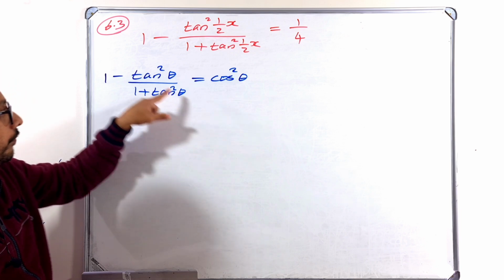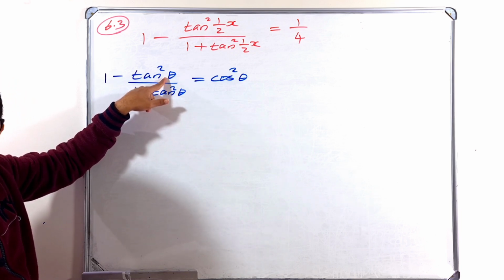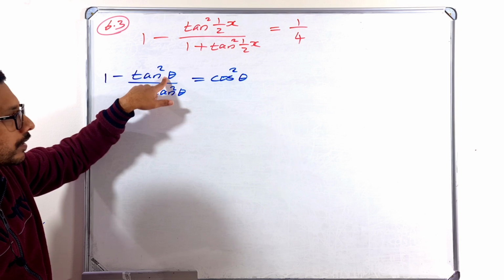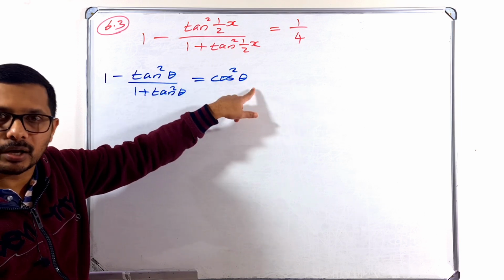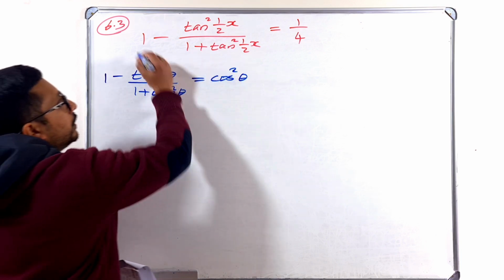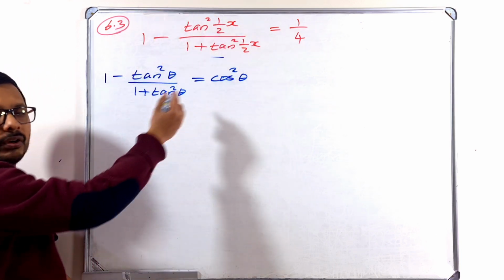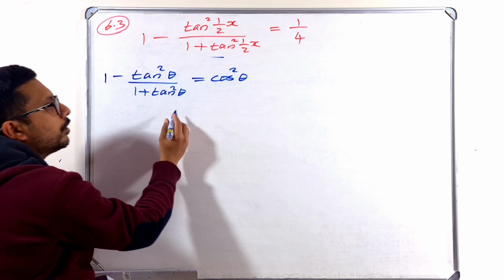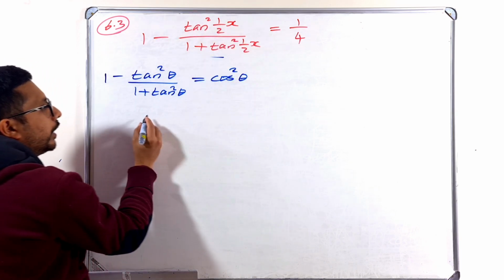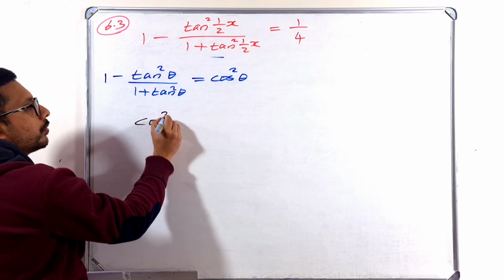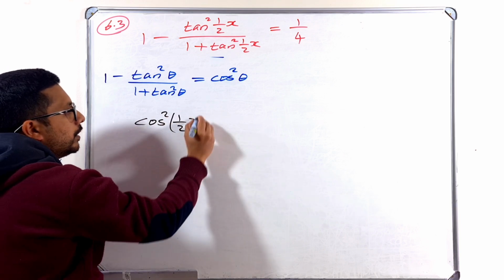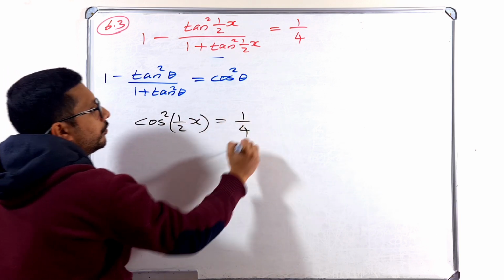So this given expression is the same as cos squared half x, and I can write it as cos squared half x is equal to 1 by 4.